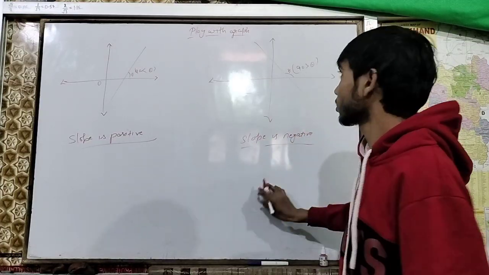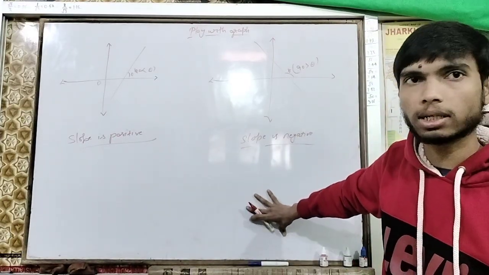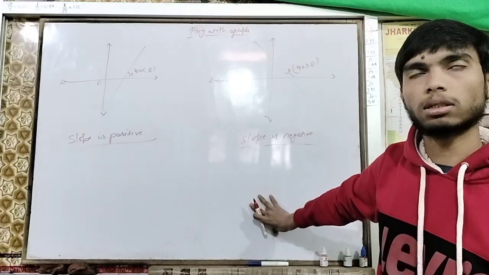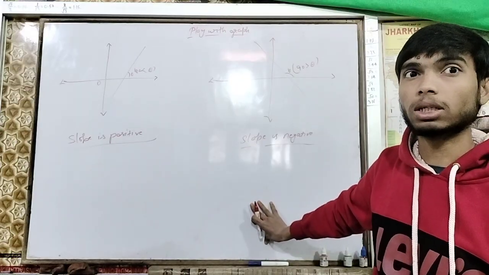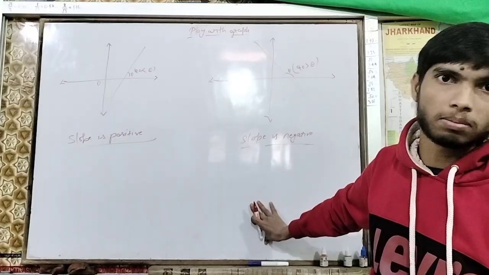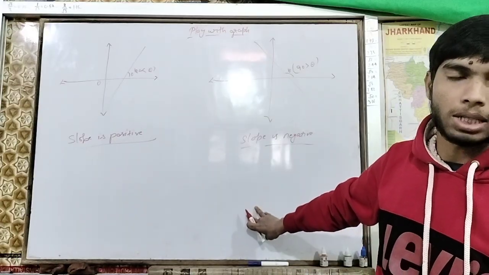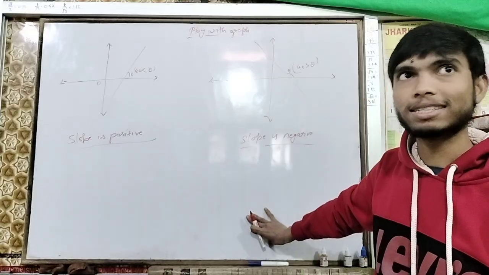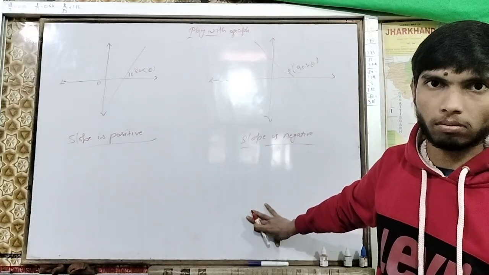Okay. The angle can be 126, it can be 120, it can be 190, it can be 220. All these numbers are greater than 90. That's why this type of tangent will give you a negative slope.